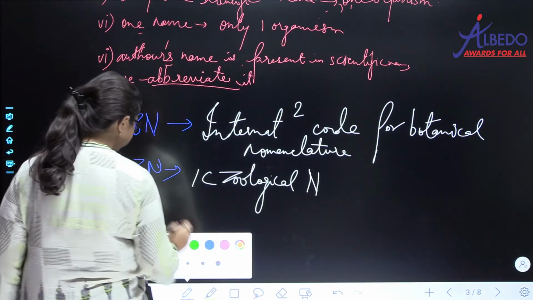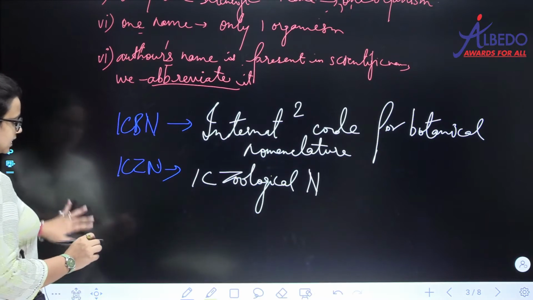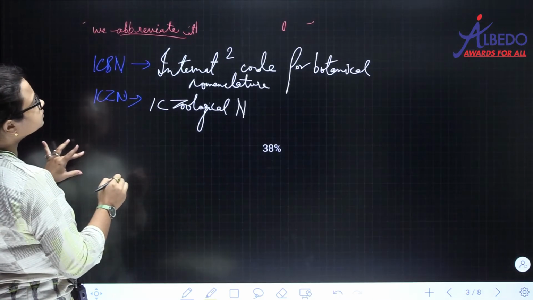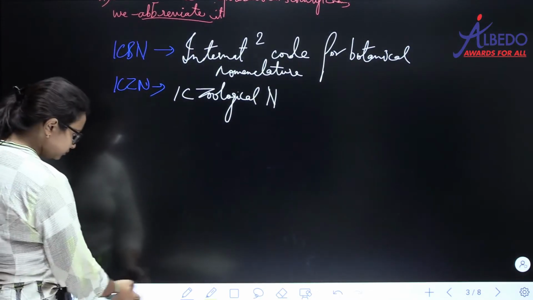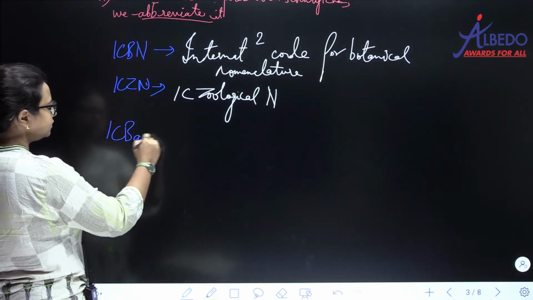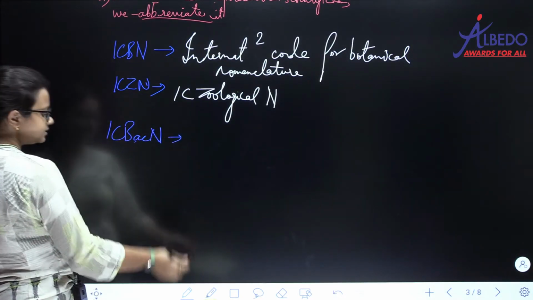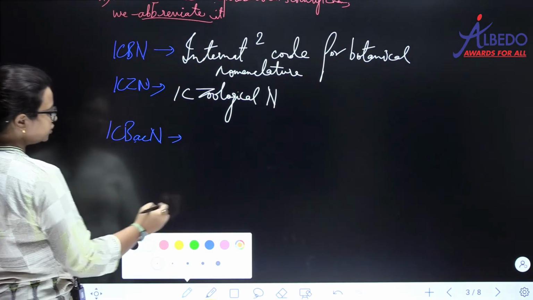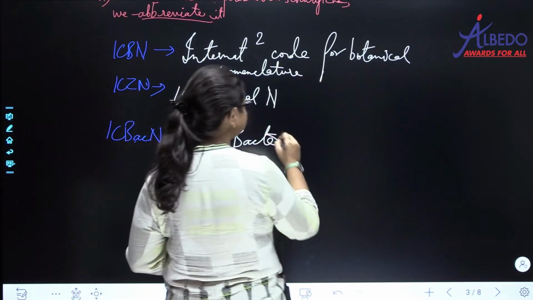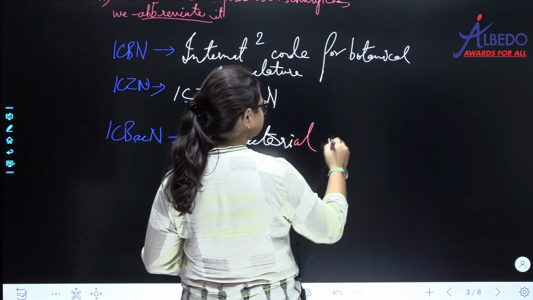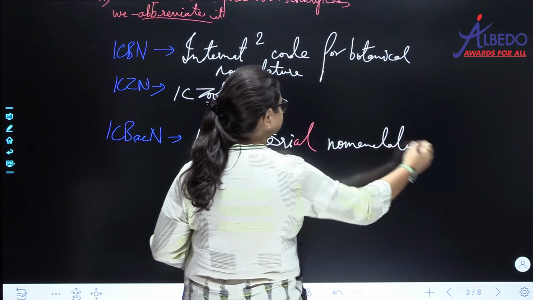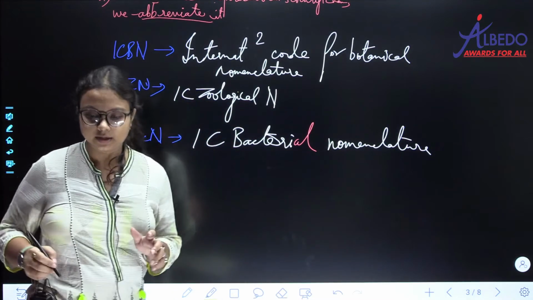Next आपको एक दो एक्स्ट्रा जानना है जो मैं आपको बता रही हूँ, दैट इज ICBN. बैक से बताओ क्या हो सकता है. बैक स्टैंड्स फॉर बैक्टीरिया, है ना. सो इंटरनेशनल कोड फॉर बैक्टीरियल नोमेनक्लेचर.